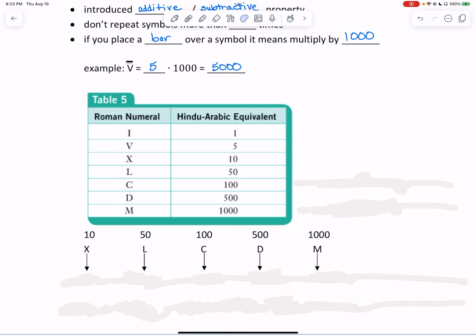Super Bowl 50. C is for century, and that helps me. I think of century as 100, every 100 years. D is for 500, and then for millennials, it's 1,000. Just like we use 0 through 9, those are the main symbols that they use.